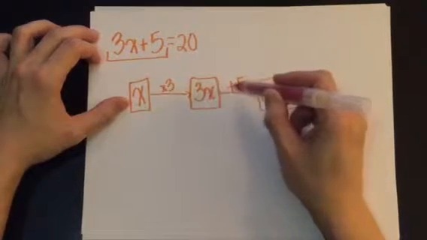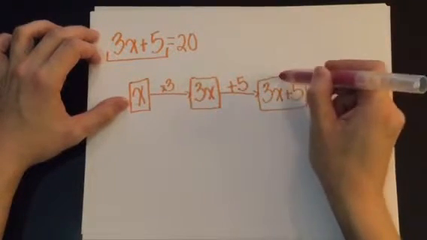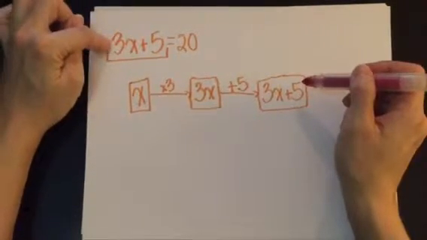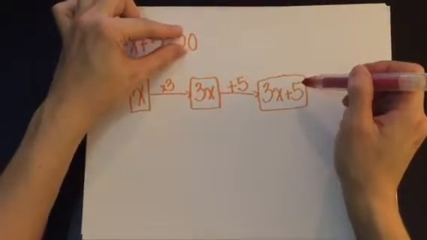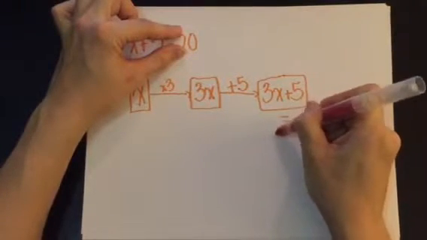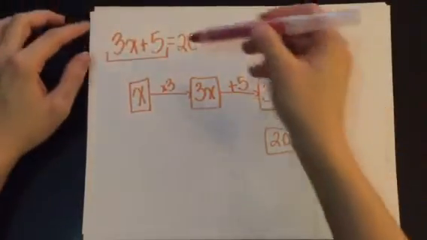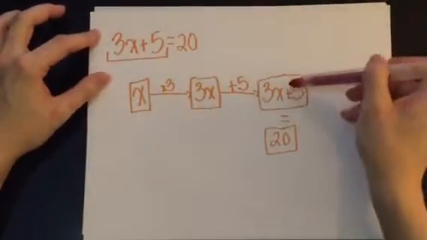So 3x plus 5 gives us 3x plus 5. We are finished building this side of the equation, so I can bring in the x equals 20. And our entire equation happens right here.